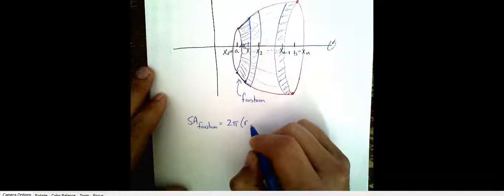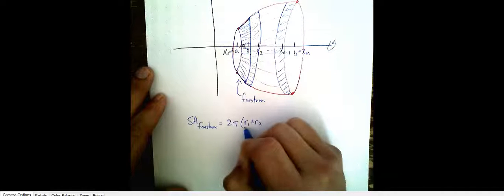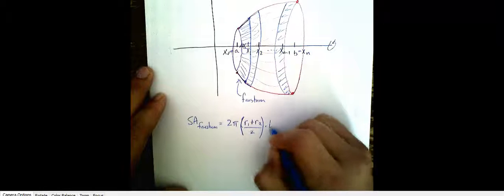So we can do so by investigating what the surface area of this frustum is, okay? So the surface area of any given frustum is equivalent to 2 pi times R1 plus R2 over 2, the average of the two radii, times L, which is the arc length of this line that we're dealing with.